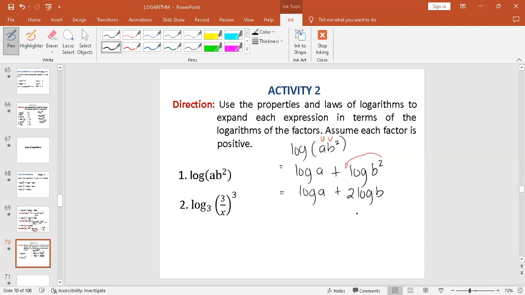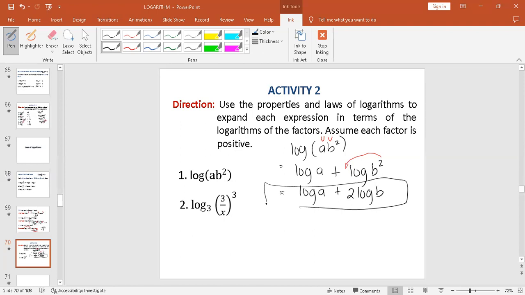So, as is to. How about the second term? Kaya pa ba siyang i-simplify using properties of logarithm? Hindi na. So, this is now the expanded form in number 1. That's it. That's how we expand a given logarithmic expression.